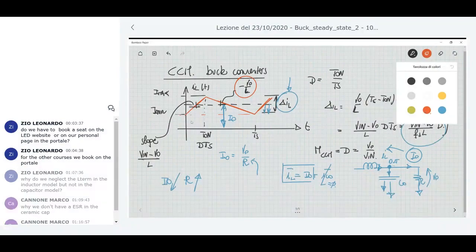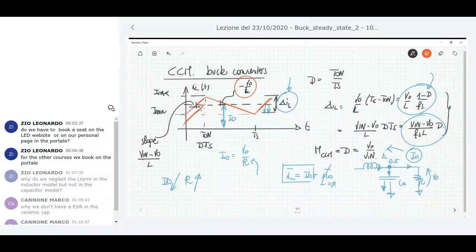So if you increase the load, it means that you can have something like this. Okay? The same delta IL, but the average value is decreasing due to this condition. So eventually there comes a situation in which the minimum current goes to zero, a situation that I can depict this way.